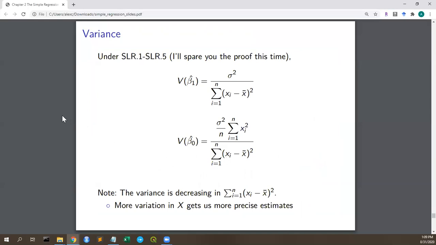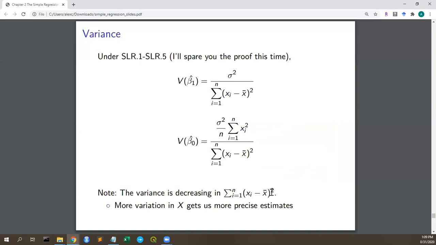So we're not going to go over proofs, but the variance of beta 1 and the variance of beta 2 are described by these mathematical expressions. And we're going to have the variances decreasing for both of these. So if this is increasing, more variation in x, right?